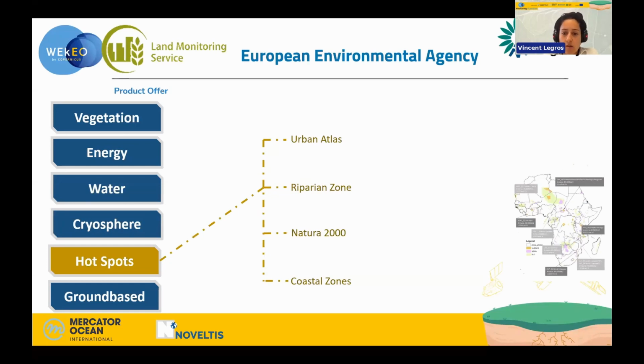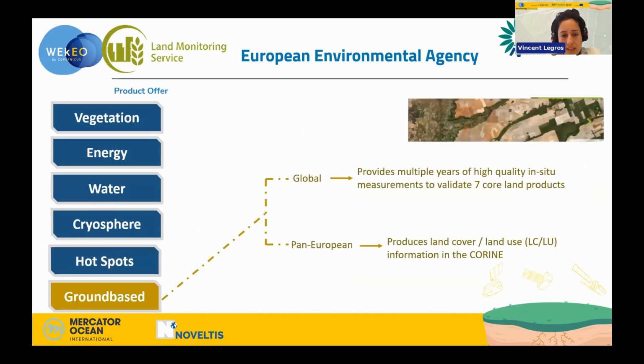Hotspots, there is also some information related to different areas of the globe. So urban, river areas, Natura 2000, which includes more ecosystem classifications, natural biological classifications, and coastal zones, and ground-based at a global and European level.